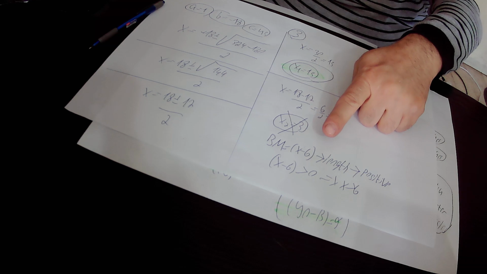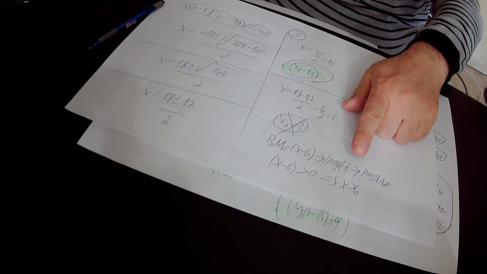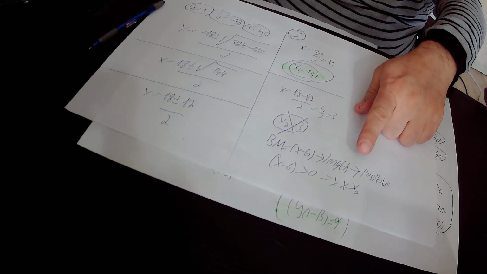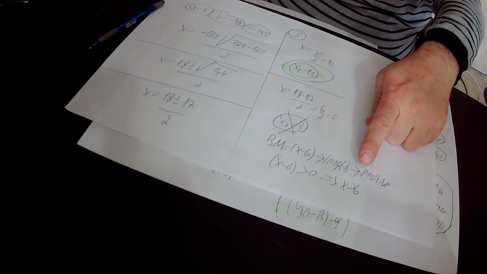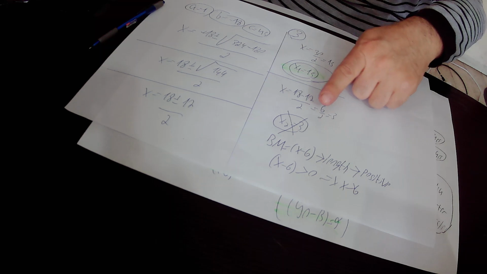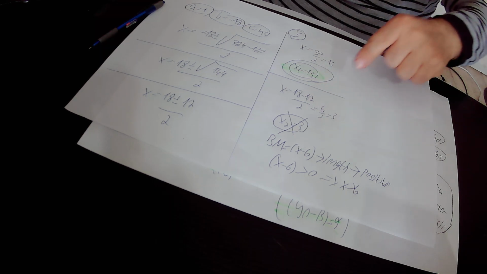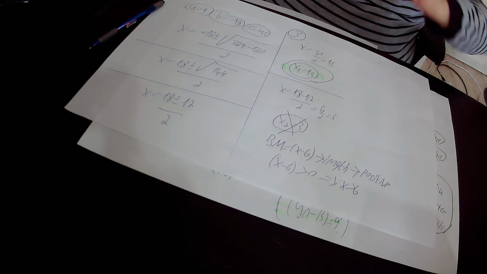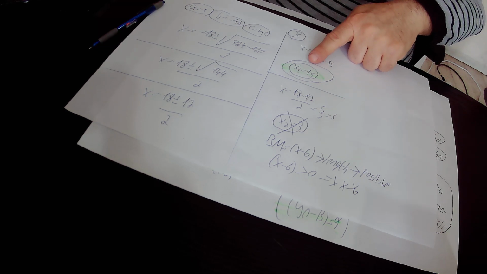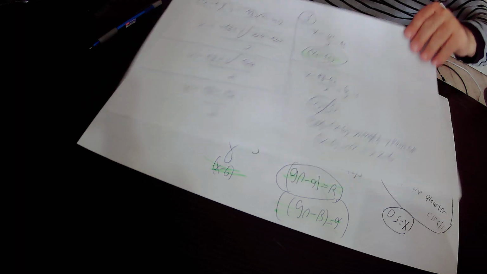If x minus 6 is greater than 0, it means that x is greater than 6. So if x must be greater than 6, it can never be equal to 3, which is less than 6. Therefore, we cancel this solution, and we are left only with the first solution, that x equals 15 units in length.